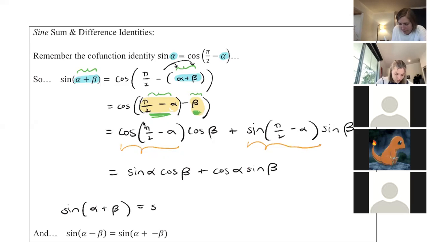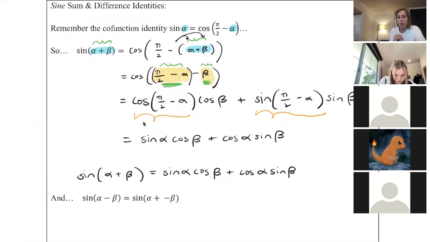So if you're going back to that, then why did you use pi over 2 in the first place again? Just to get there, kind of? So we could use the cosine difference identity to help us get the sine sum identity.